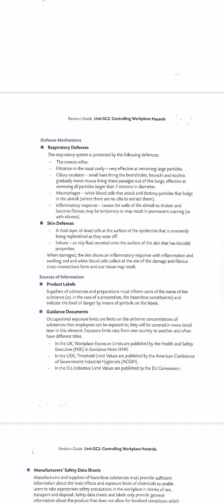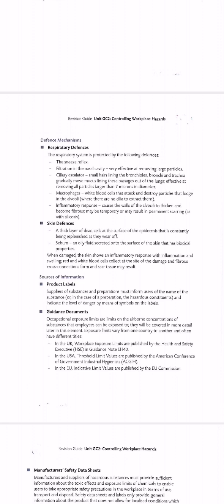In the UK, workplace exposure limits are published by the Health and Safety Executive, the HSE, in guidance notes. In the US, threshold limit values are published by the American Conference of Governmental Industrial Hygienists, right? In the European Union, the indicative limit values are published by the European Commission, right?